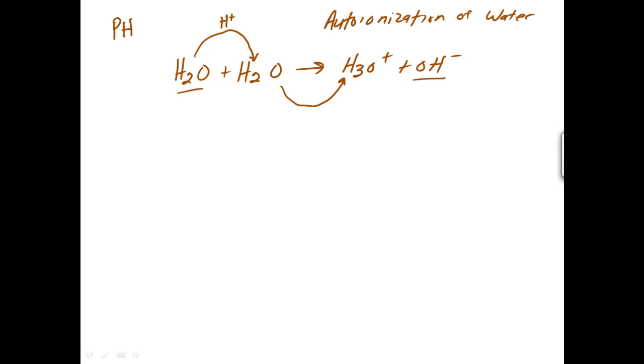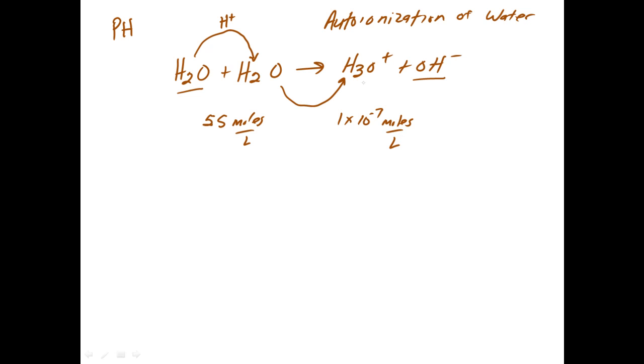Now, you may be thinking, well, how much water actually autoionizes into hydronium ion and hydroxide ion? Well, water is approximately 55 molar. That means 55 moles per liter. The amount of water that actually autoionizes is 1 times 10 to the negative 7th moles per liter.